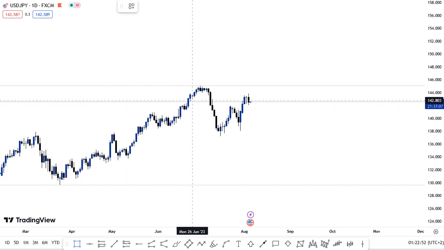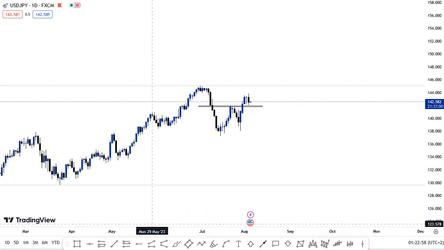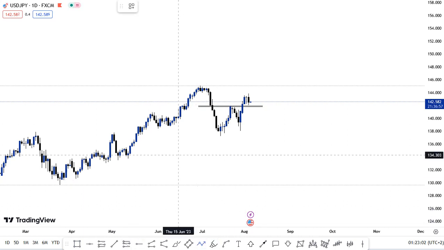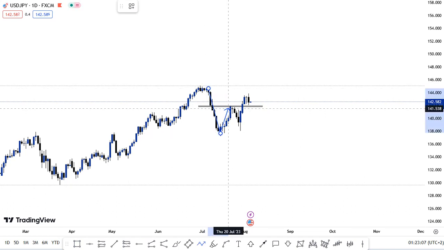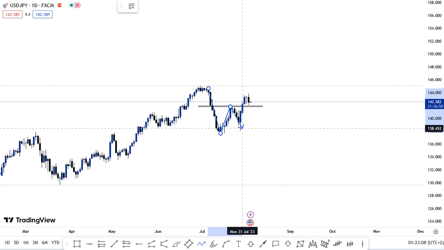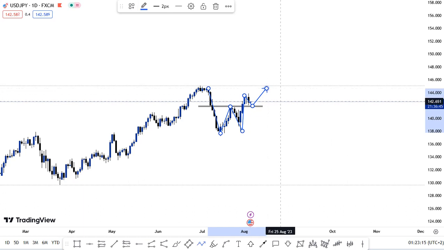This doesn't need a lot of things. As you can see, we have a double bottom, and it's a daily time frame. So we're going to be having smaller movement for the NFP, which is a buy, and we're going to this level.